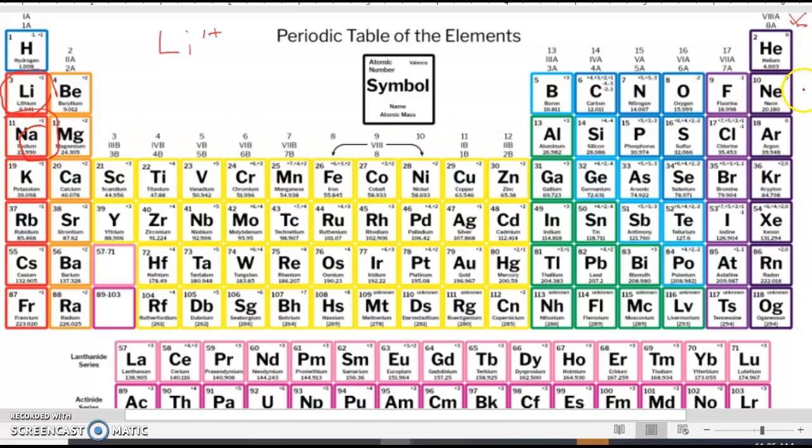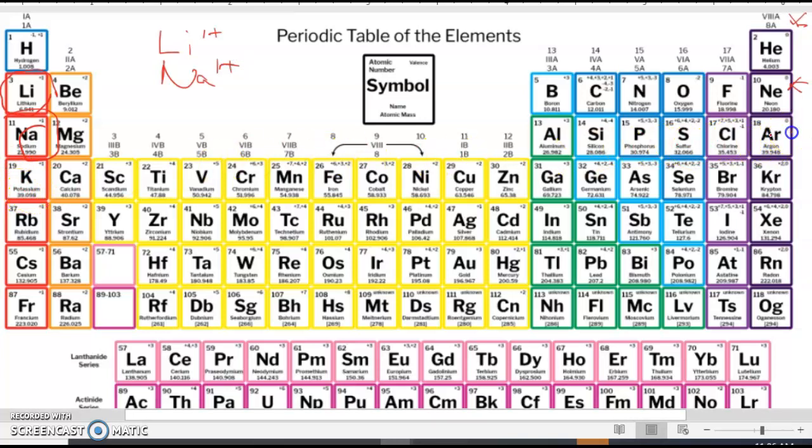Well, I look over here and I see neon. Neon has 10 electrons. So sodium would also need to lose 1 electron to be just like the noble gas nearest it. So sodium would be Na 1 plus.